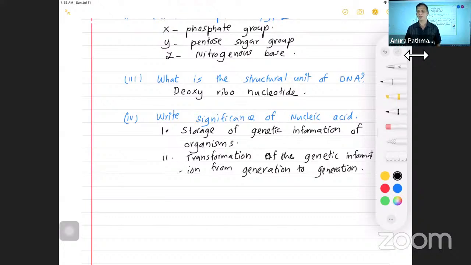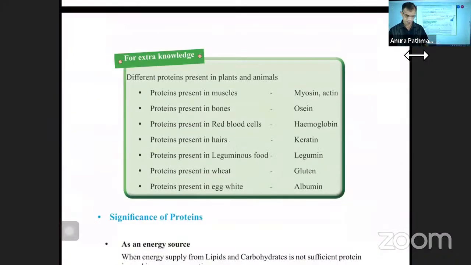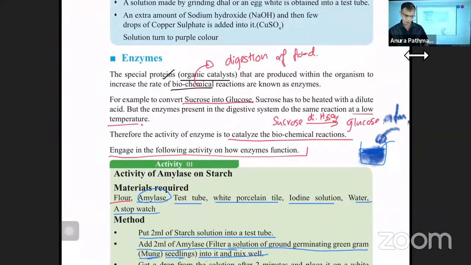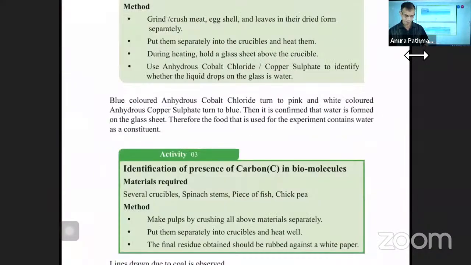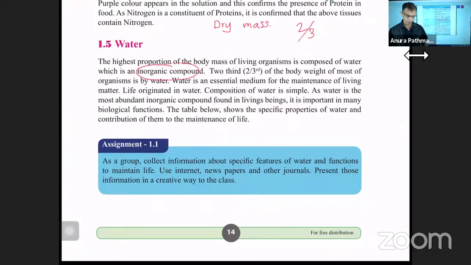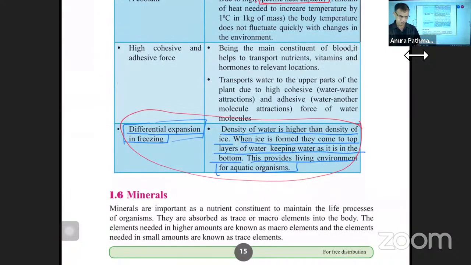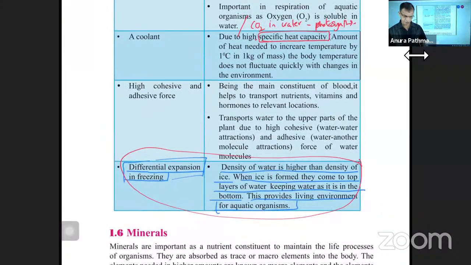Most of the time, MCQs can be asked by using the other parts like vitamins and minerals, nucleic acids, and water as a good solvent, a coolant, high cohesive and adhesive forces, differential expansion in freezing.